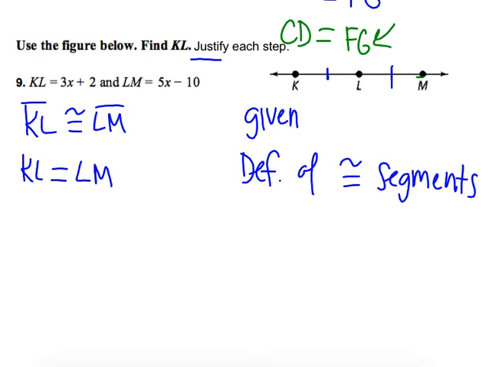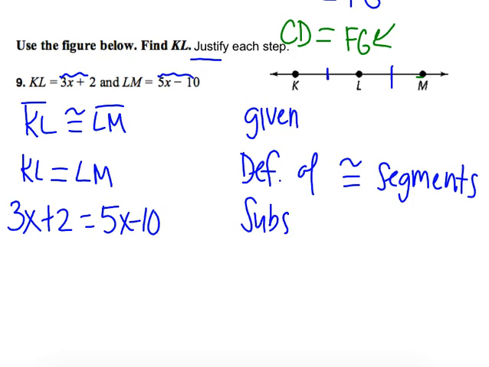Okay, so now we know KL equals LM, and we also know what KL and LM equal. So again, we're just going to substitute in what we know. 3x plus 2 equals 5x minus 10. And that was just substitution property.